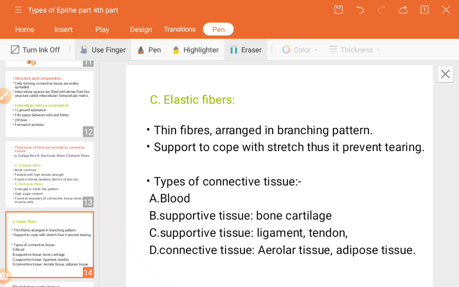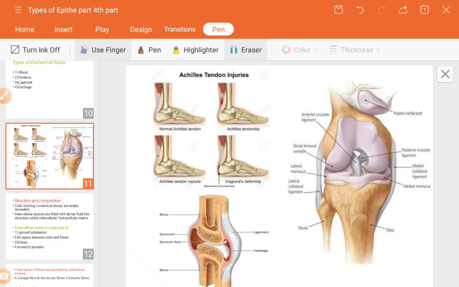Next is cartilage. It is semi-transparent, elastic and flexible as compared to bone. Bone is the harder, non-flexible one, but cartilage is semi-transparent, elastic and flexible. In this image, you can see the cartilages here. Let me show you this one part.